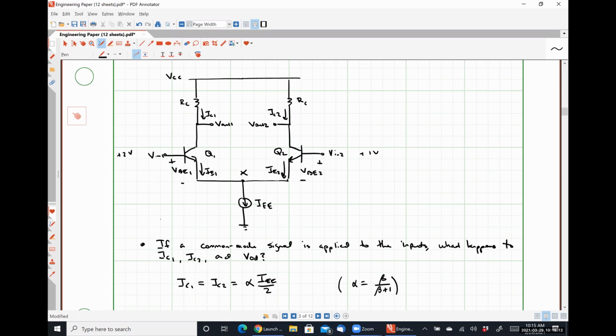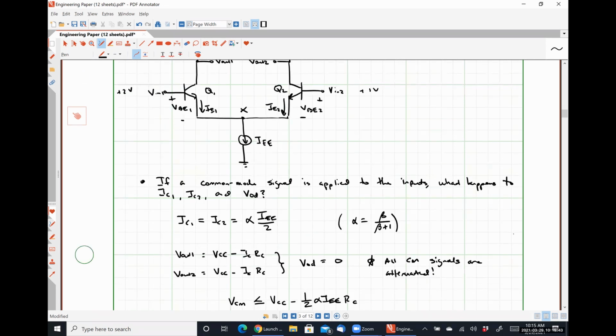So if our differential input signal is large enough, we can damn near turn this transistor off, meaning that Vout2 will be all the way up at VCC, and Vout1 will be at VCC minus alpha RC IEE. So we can steer our output voltage across a particular range by shifting current from one side to the other and vice versa.